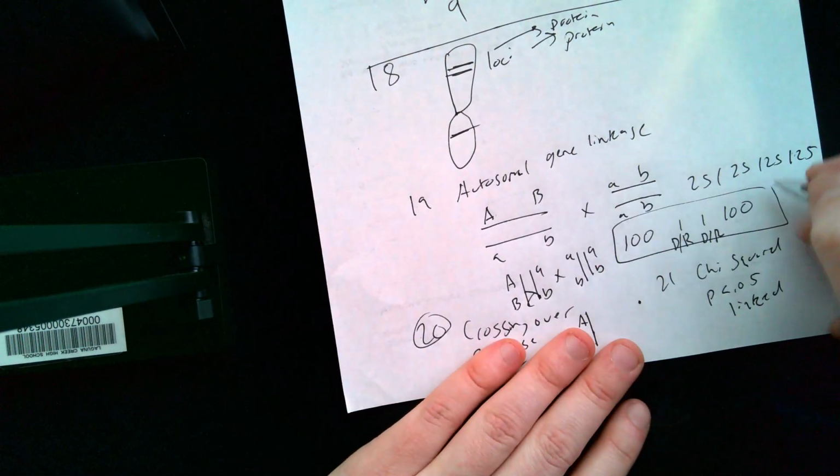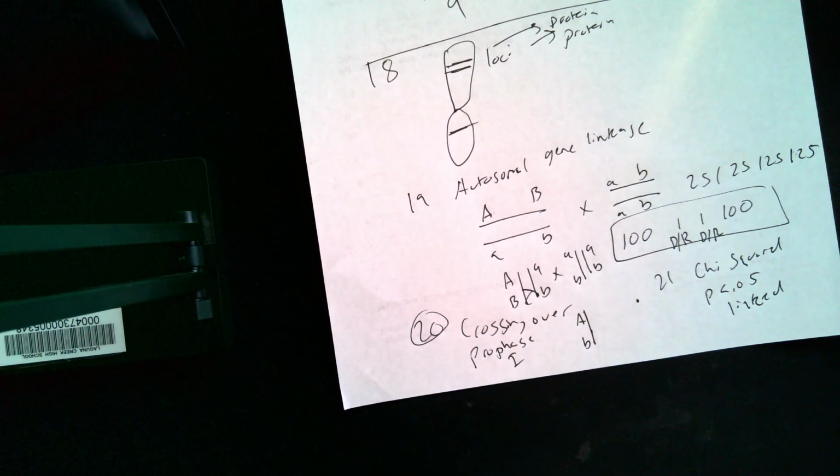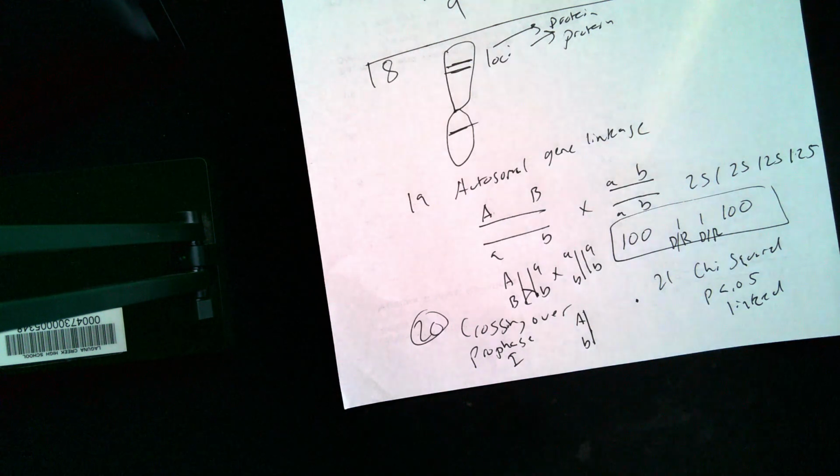So your expected values come from your dihybrid cross Punnett square, and then your actual values would have to be given to you, and then you could be asked to calculate it from that. Okay. All right. That is inheritance.